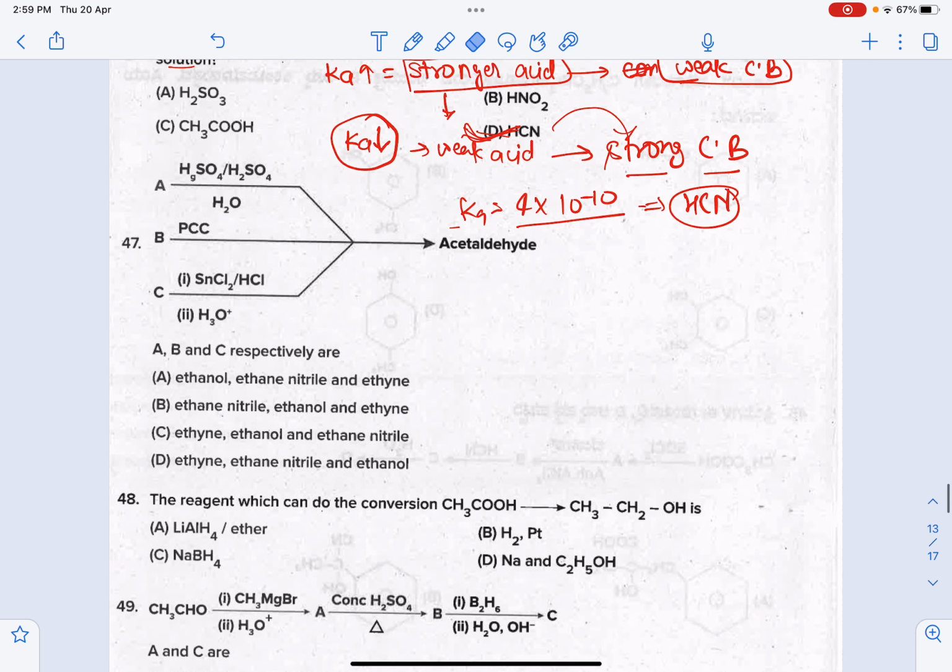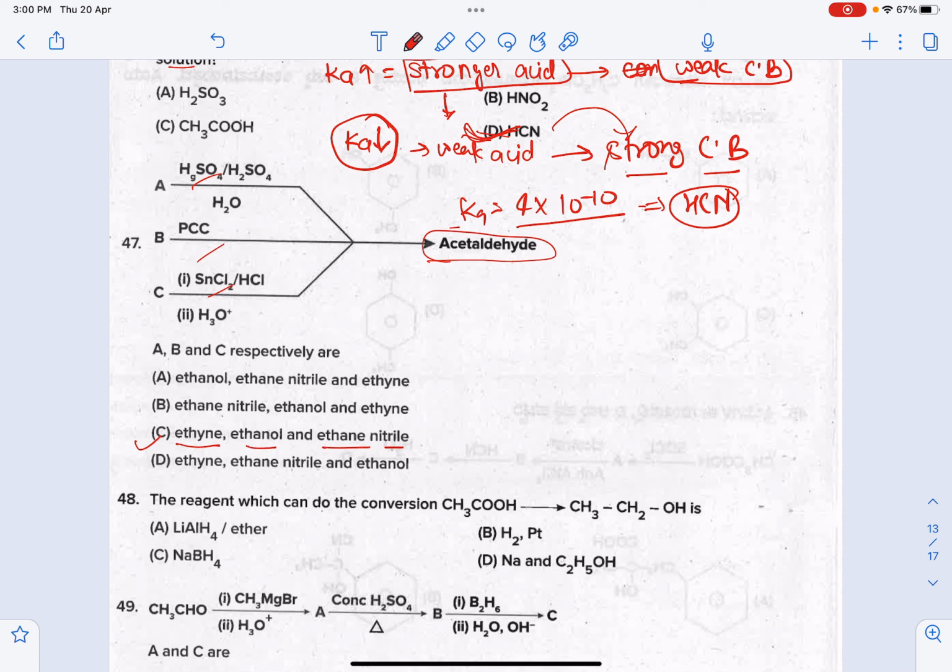Next question: there are A, B, C given which react with these reactants and form acetaldehyde. Here it is simply asked which these substances are. Our correct option will be C: ethyne, ethanol and ethane nitrile.